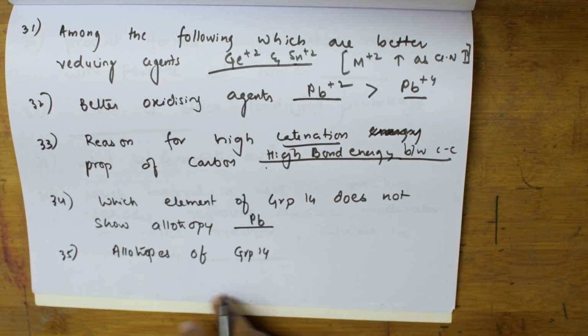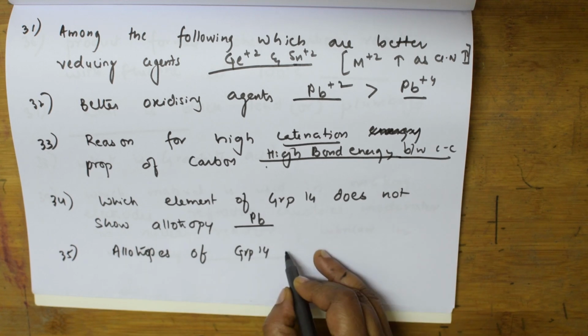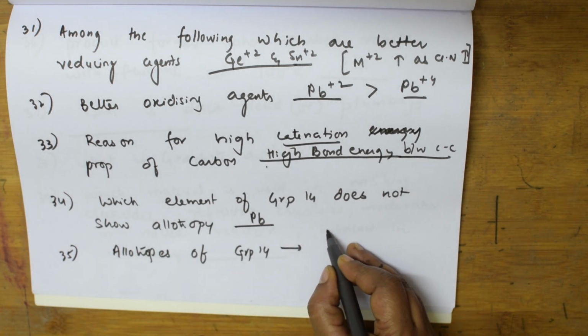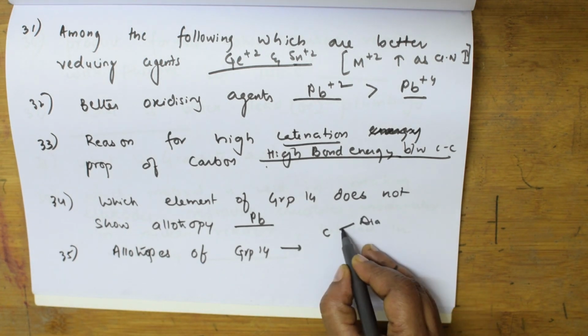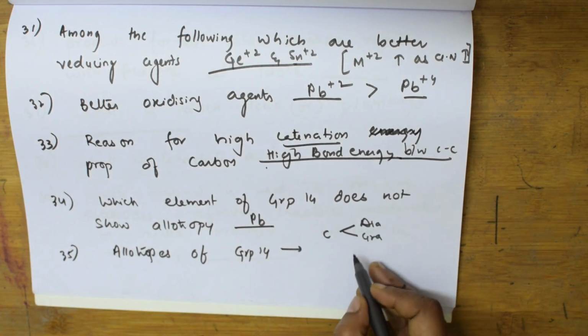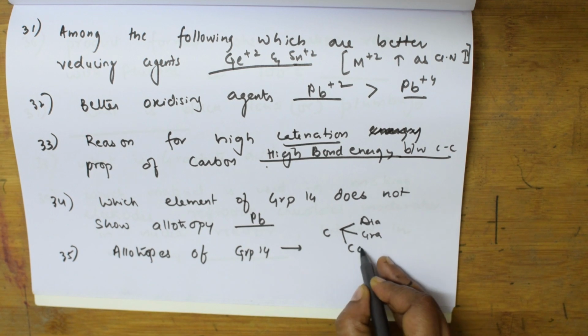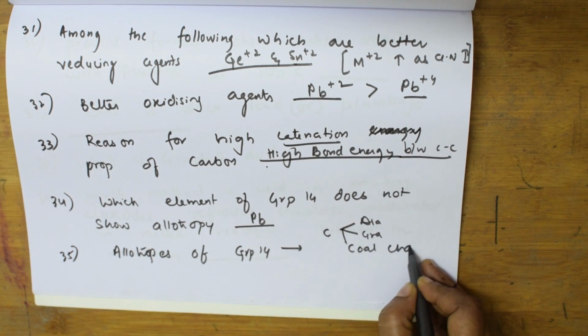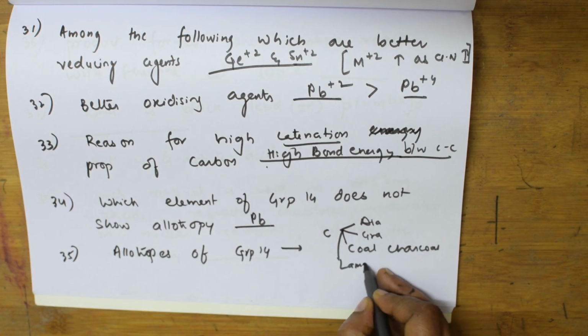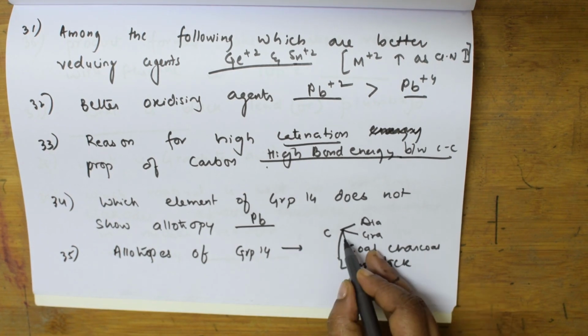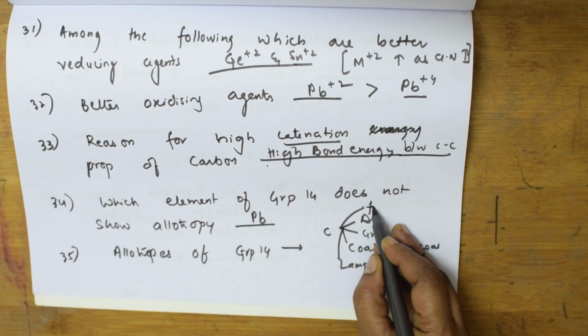Done. Next. What are the allotropes of group 14 elements? Okay, let us write all the allotropes. Carbon. So carbon shows what? Carbon allotropes are diamond, graphite, coal, charcoal, lamp black, and fullerene. Right?